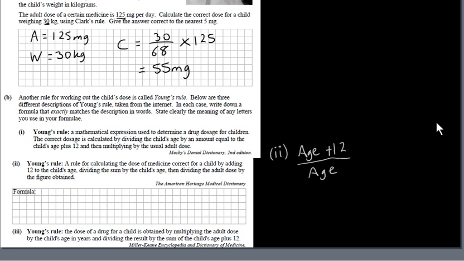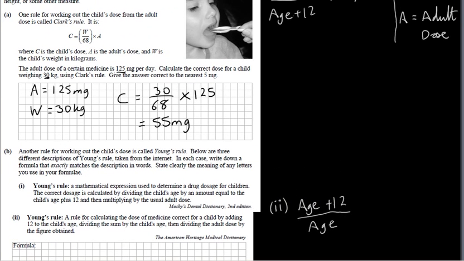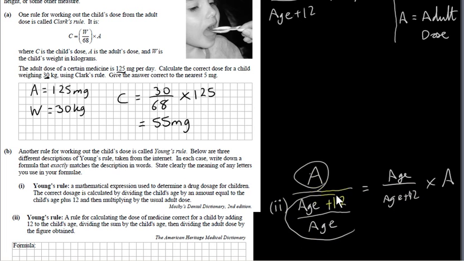So remember, capital A stands for the adult dose, so we divide the adult dose by this figure. This is the figure obtained, so we take the adult dose and divide by this. But actually we can write this as age over age plus 12 multiplied by A. See, if we take A and divide it by this fraction here, dividing by a fraction is equivalent to inverting this fraction.